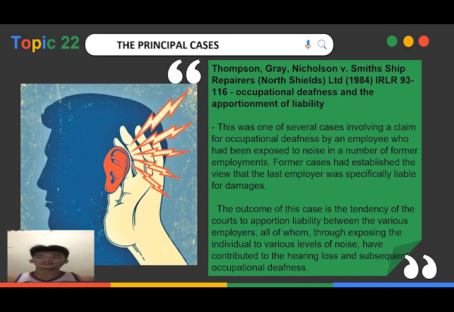Former cases had established the view that the last employer was specifically liable for damages. The outcome of this case is the tendency of the courts to apportion liability between the various employers, all of whom, through exposing the individual to various levels of noise, have contributed to hearing loss and subsequently occupational deafness.